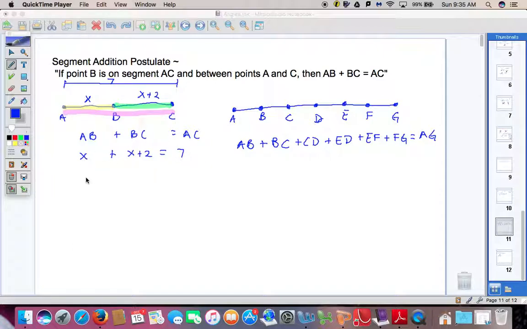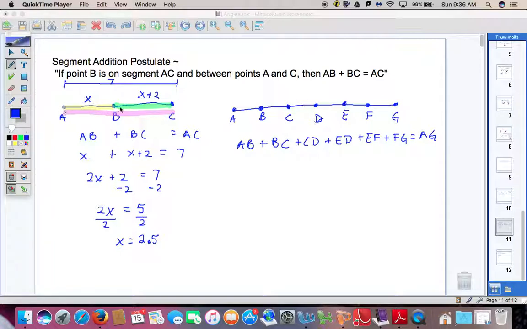And then we would combine our like terms, so we have 2x plus 2 equals 7, and subtract 2 from each side, and we would get that 2x equals 5. And to solve for x, you would divide each side by 2, and you would get x equals 2.5.